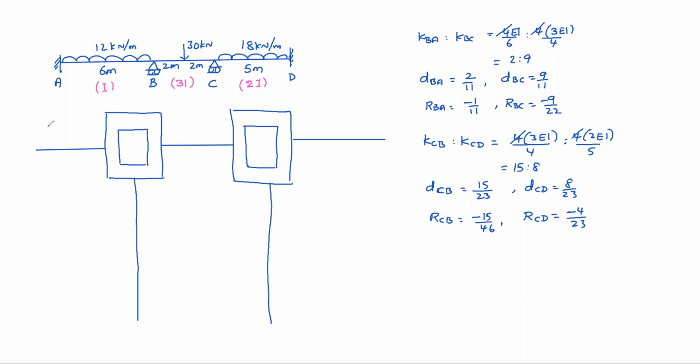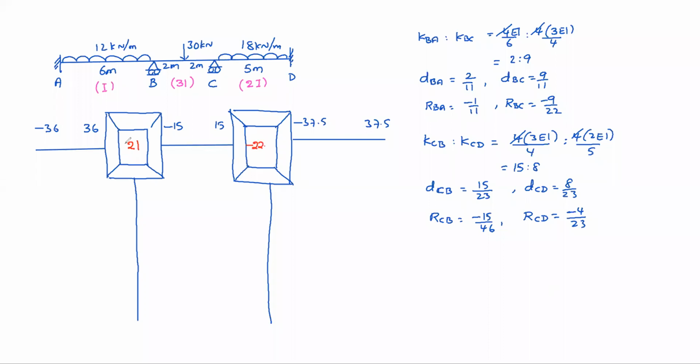So fixed moments: minus 36 plus 36, minus 15 plus 15, minus 37.5 plus 37.5. No need to release because all end supports are fixed only. So now we can start directly. Here the sum of fixed moments is 21, here minus 22.5.